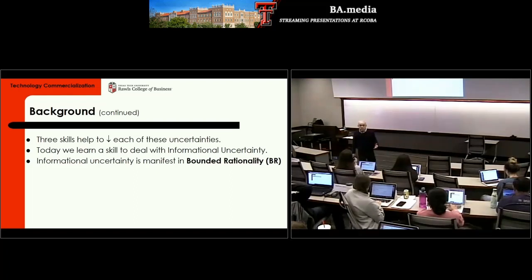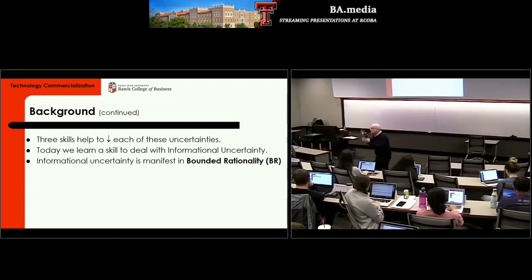Bounded rationality means Allie can't know everything, and even if she knew it, she couldn't process it. Brilliant though she is. Matthew the same. Ron the same. Karishma the same. We can't know everything, and even if we knew it, we couldn't process it. Boundaries to our thinking processes, our rationality.